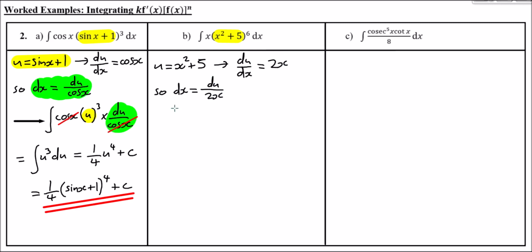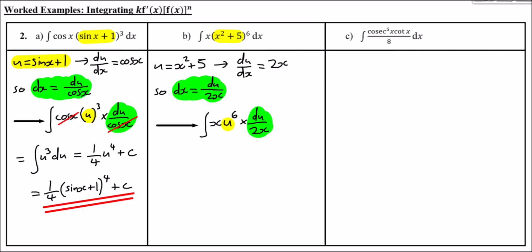Transform the integral. So then we're going to have the integral of x. This is u, so it's going to be x u to the 6 dx, which we're going to say is du over 2x. I always like a bit of colour coding.